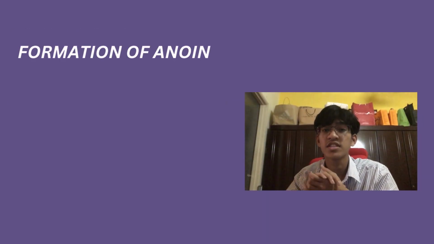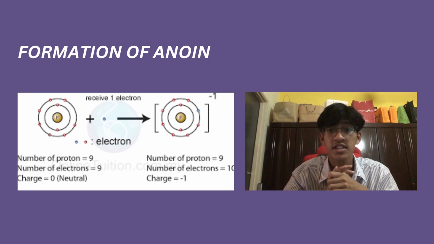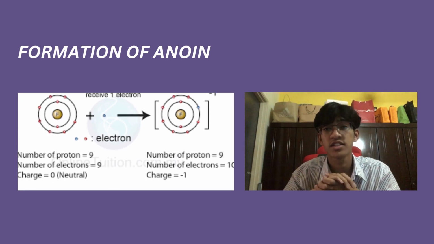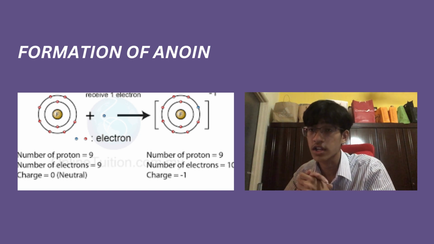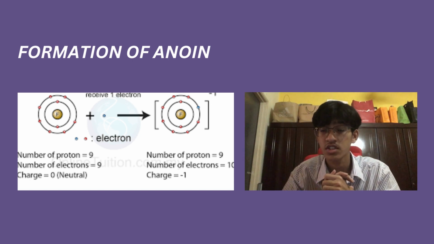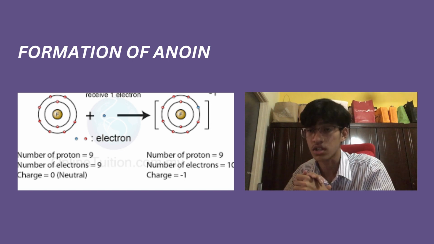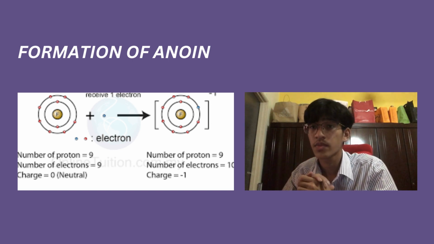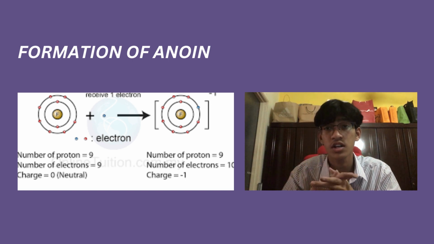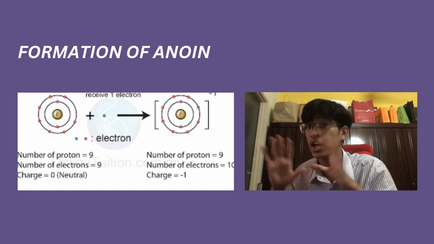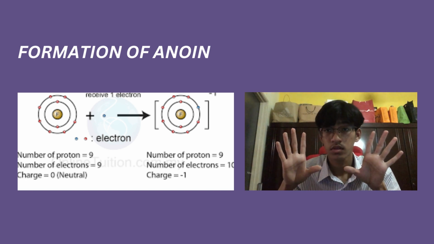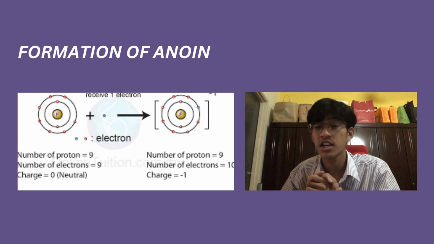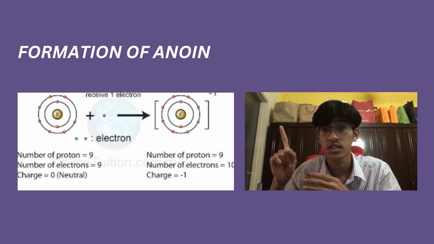The next one is anion. So the example that I have taken is fluorine. Fluorine has 9 protons and 9 electrons. So the charge is still neutral. So when the fluorine receives 1 electron, the number of electrons becomes 10. So the charge changes from neutral to negative 1.